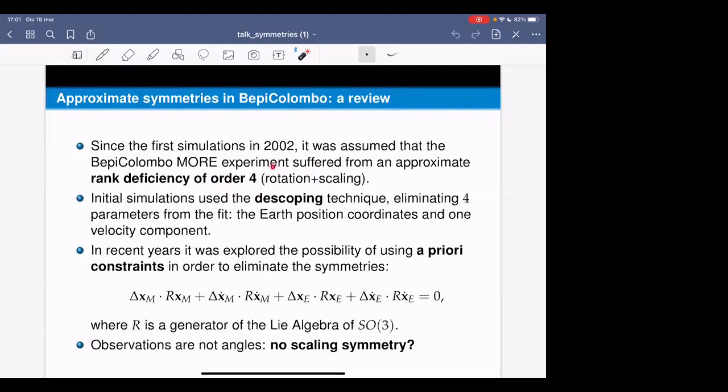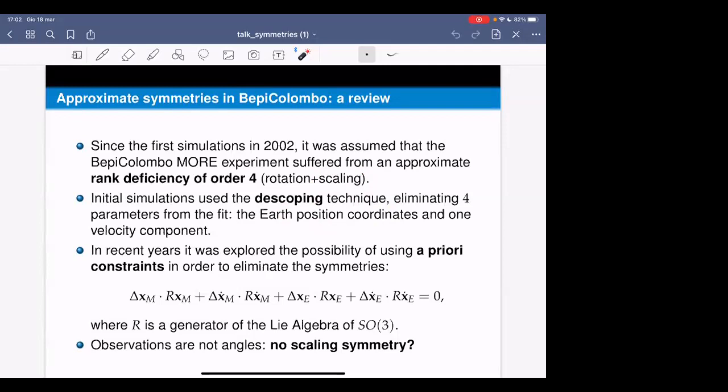That is 3 for the rotation, which is not exact because the situation is not exactly the one of the n+1 body problem, and an approximate rank deficiency due to the scaling symmetry. So the initial simulations used the descoping technique, eliminating 4 parameters from the fit, and we used to delete the Earth position coordinates and 1 velocity component.